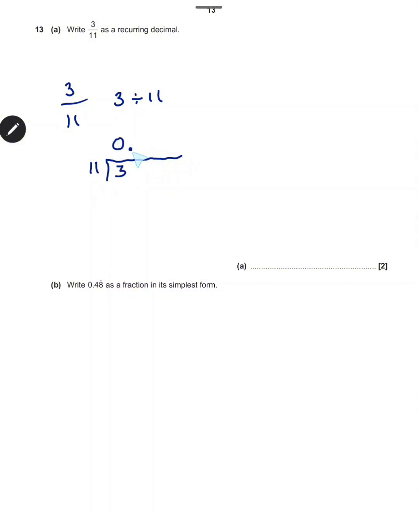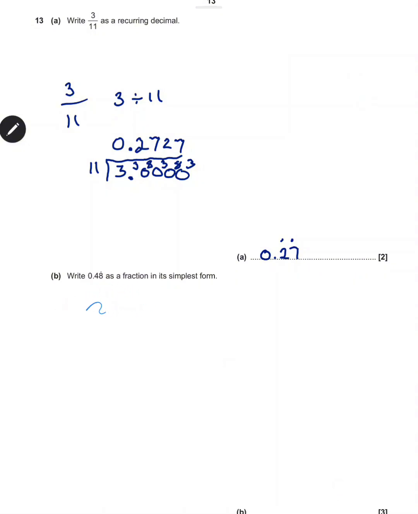The answer is 0, so we need some decimals and some digits to work with. 11s into 3 is 0 remainder 3. 11s into 30, well 11, 22 would be 2 remainder 8. 11s into 80, 7 11s are 77, and there'd be 3 left over. 11s into 30, same again, 2 remainder 8, and then we're going to get 7 remainder 3. Your answer is 0.27, where the 2 and the 7 are recurring.